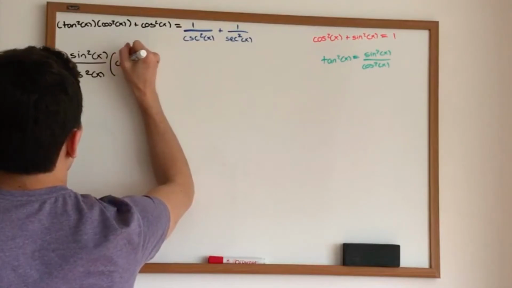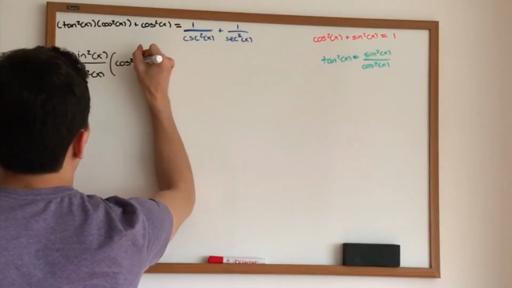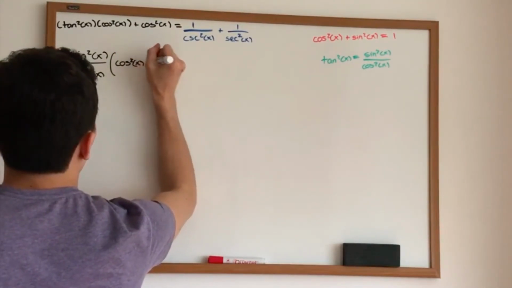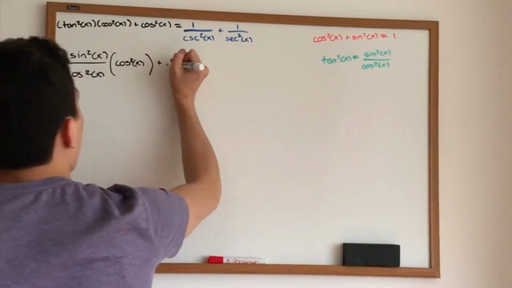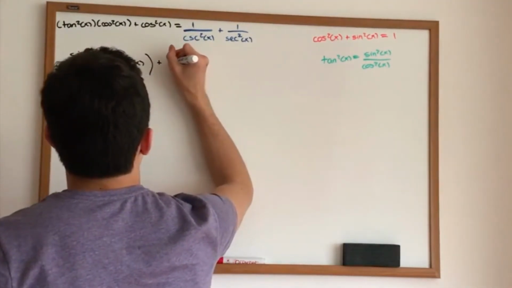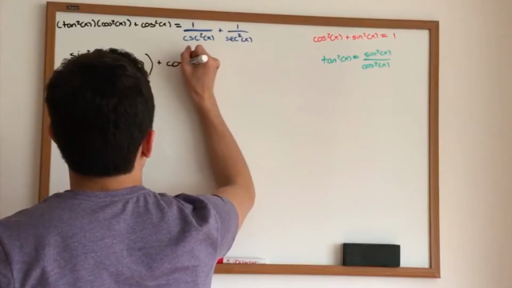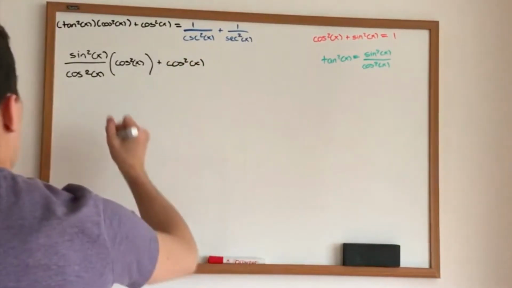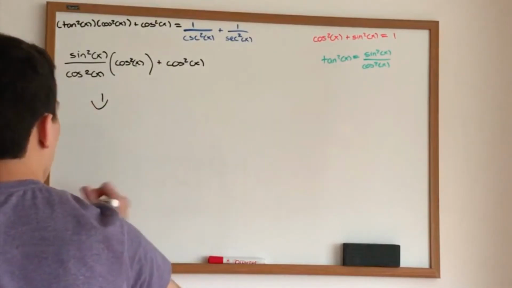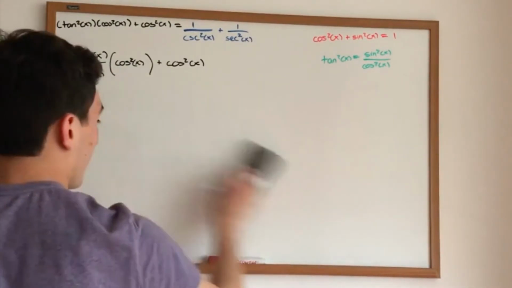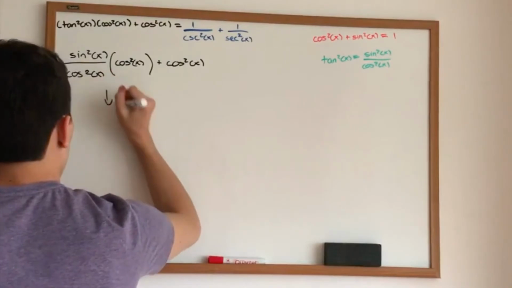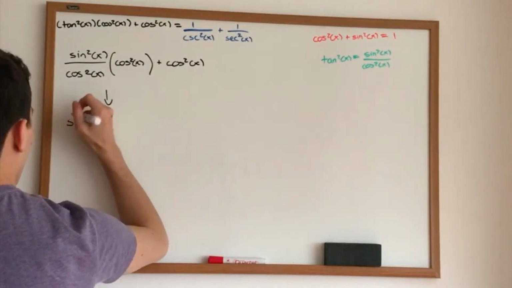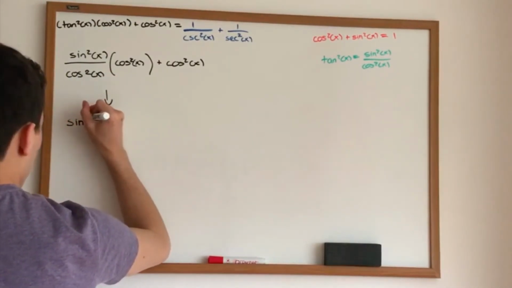This will be multiplying the cosine square of x, and this would leave us with a fraction.